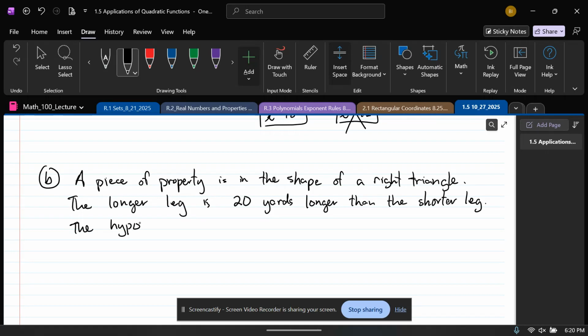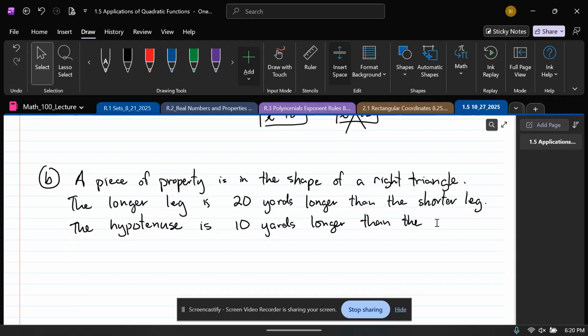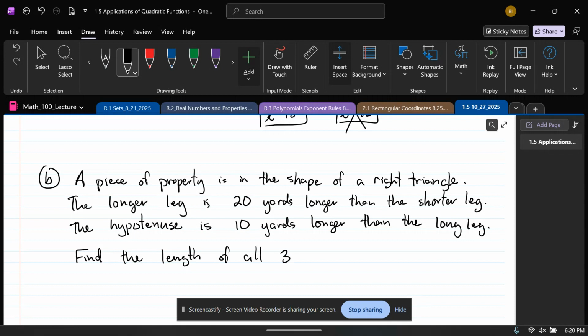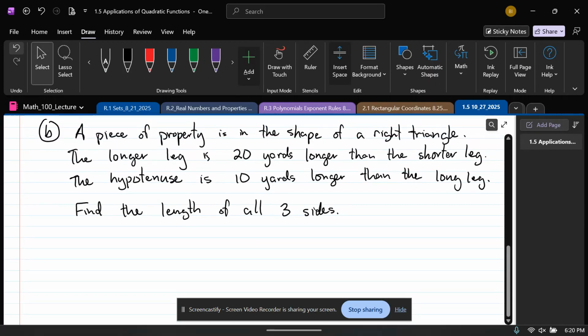The hypotenuse, let's spell that right, is 10 yards longer than the long leg. Find the length of all three sides. Whew.